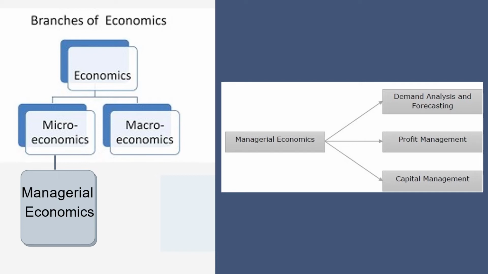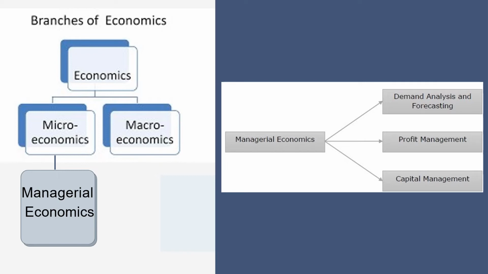Now, how about macroeconomics? Macroeconomics, on the other hand, studies the behavior of the nation as a whole. So we are concerned here with inflation, with the gross domestic product, gross national product, or maybe if there is a recession, economic growth, unemployment or employment rate. These are the concerns of macroeconomics.